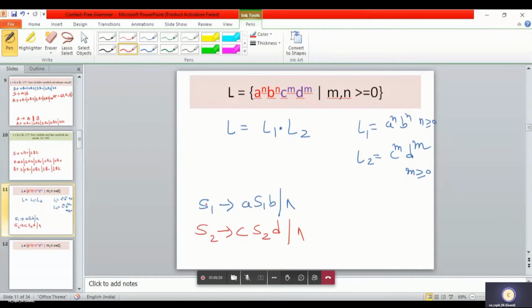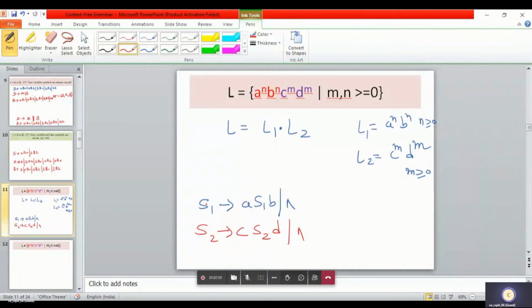And similarly for the L2 language, we are using a non-terminal S2 as a starting symbol, and we are writing S2 gives C S2 D. So we are producing C and D an equal number of times, C on the left hand side and D on the right hand side. And to terminate the process, we are putting null because n is greater than or equal to 0. So n can be 0 also. Similarly, the value of m can also be 0.